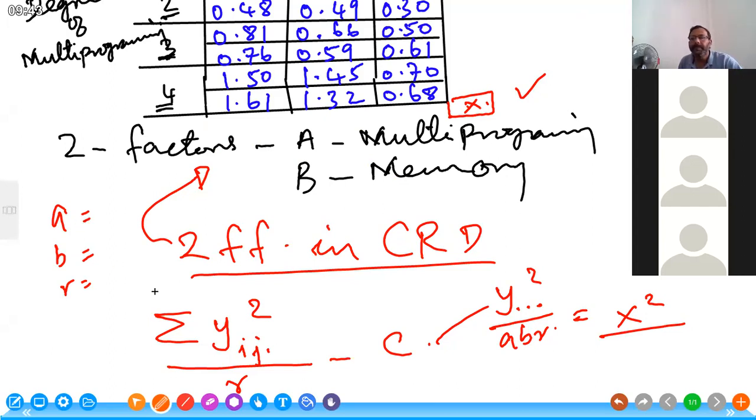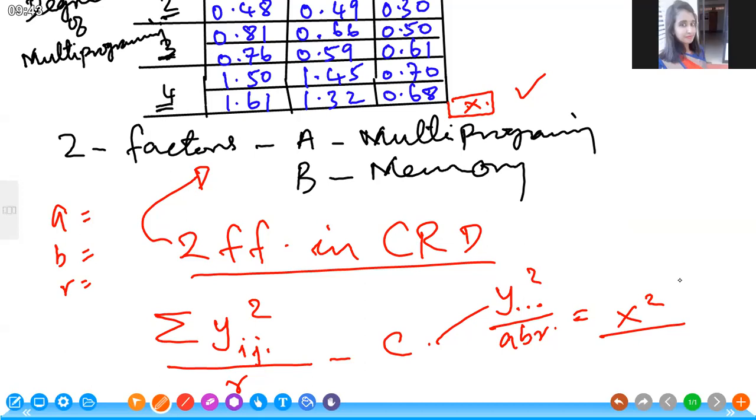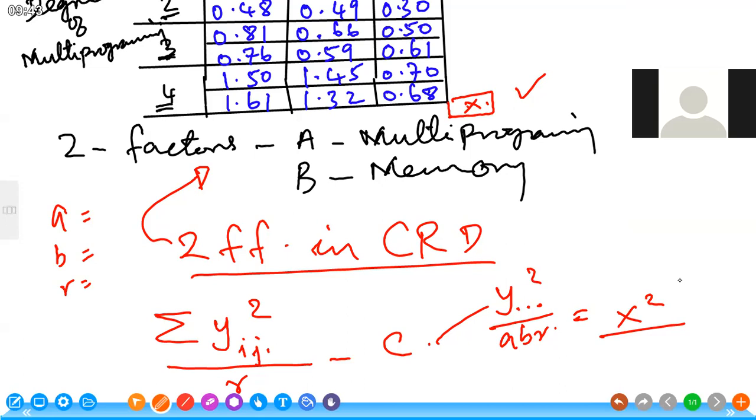What is the level of A? 4 levels. Yeah, good. What is the level of B? 3 levels. Yes, good.